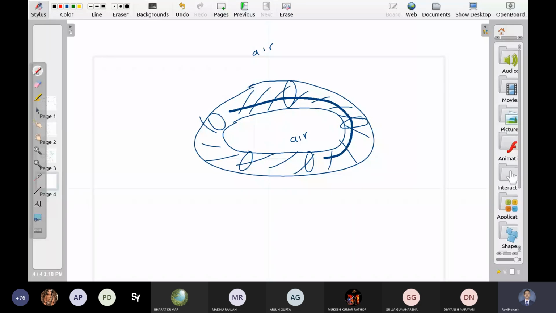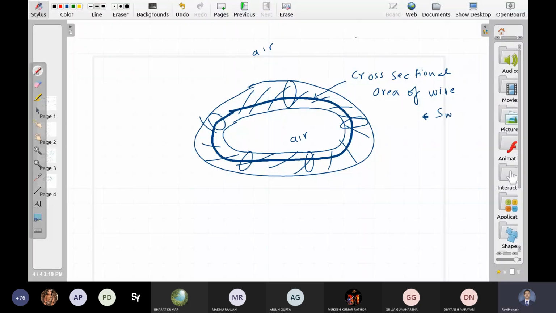And first I will calculate flux through this thin wire, and then I will integrate over the whole material. So what is the area of this thin wire? It has a very small cross-sectional area also. Area of wire, let us say it is SW.